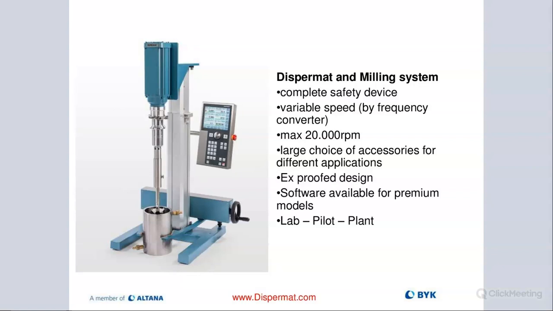So here is just an example of the lab dissolver there. They can go up to 20,000 RPM, so very, very high. Again, this modularity: we have explosion-proof models, and this model here has the C technology package for data processing, upscaling, storing of data points, storing of batches, so you can actually replicate the process every single time, and ensure that you're getting very, very good repeatable results.